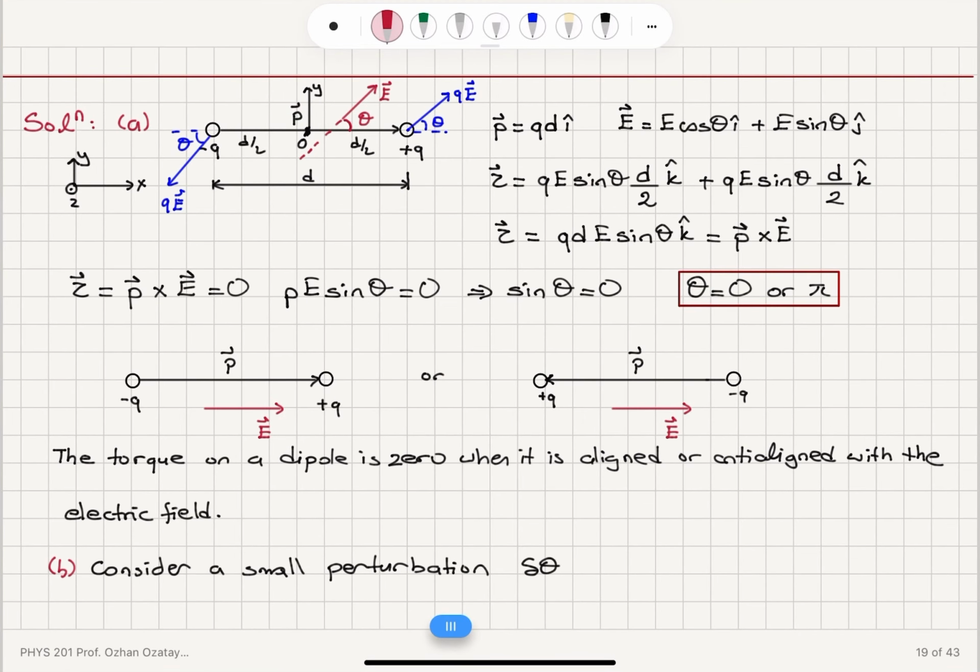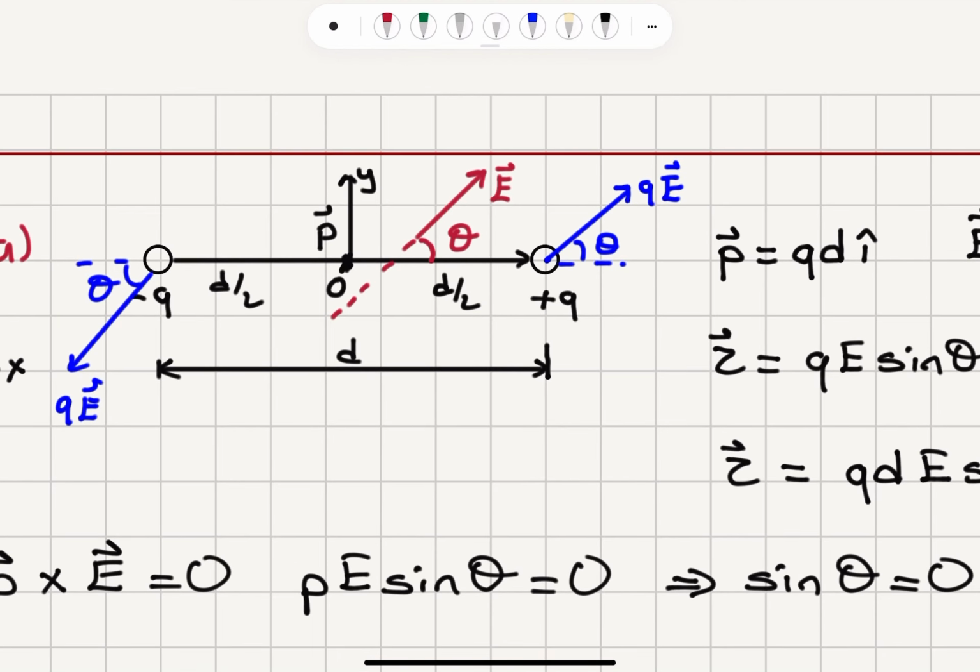So in this problem, we looked at an electric dipole. The dipole moment vector points from minus Q to plus Q, in this direction, when a uniform electric field makes an angle theta with respect to this dipole moment vector, whose magnitude is the charge multiplied by the distance between the charges.